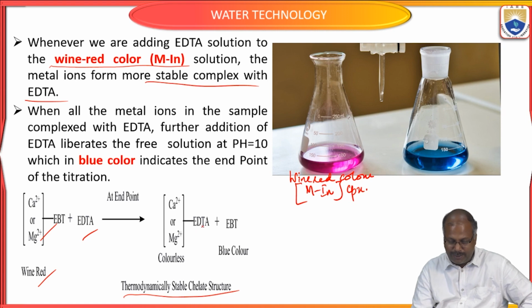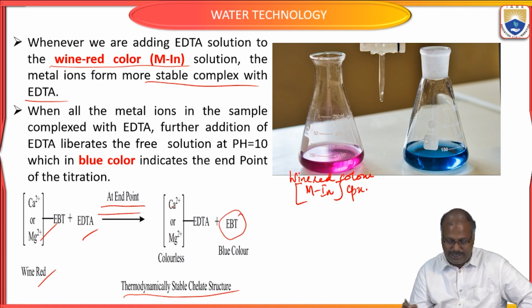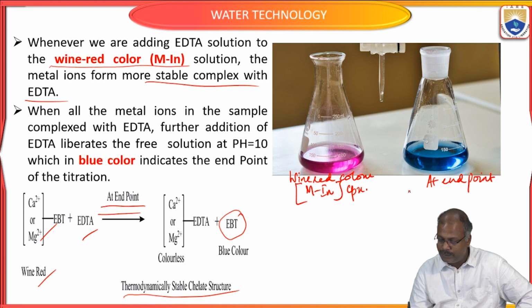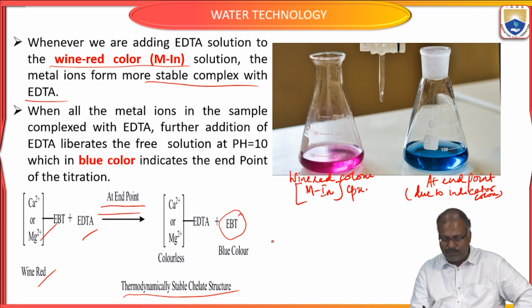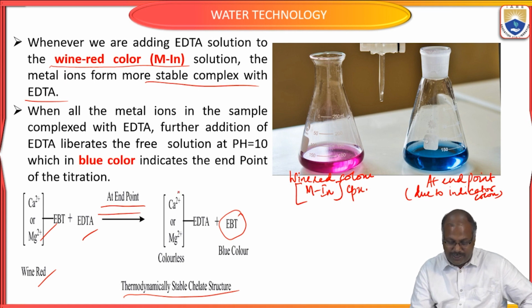So when all the metal is bound with EDTA, then EBT is released. That is the end point. At the end point, we get a blue color solution, that is due to the indicator color. We call it steel blue or blue color. So EBT is blue in color, whereas the complex of calcium or magnesium ion with EDTA is colorless.